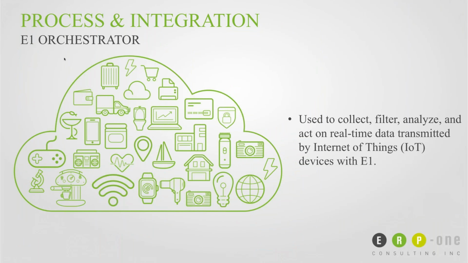So within JD Edwards, we have something called the E1 Orchestrator. The Orchestrator is a set of tools to collect, filter, analyze, and act on data that's coming from all these little devices that we see in the world that may want to interact with JD Edwards. Those devices are really becoming so varied, it's really hard to even capture where they are and what they do.